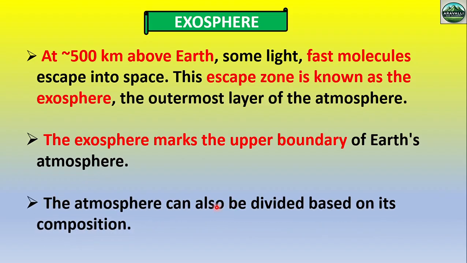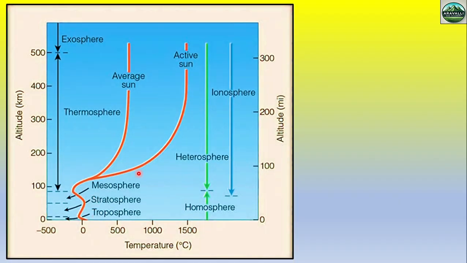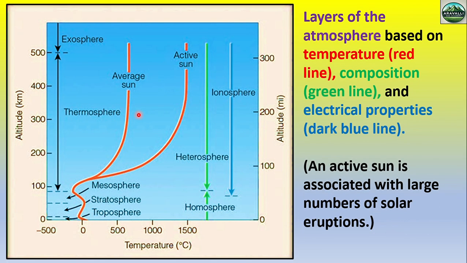The atmosphere can also be divided on the basis of composition. See this picture. This is very important for the CSIR-NET. Listen very carefully. We classify the atmosphere on the basis of temperature, composition, and electric properties. There are three lines: red, green and blue.